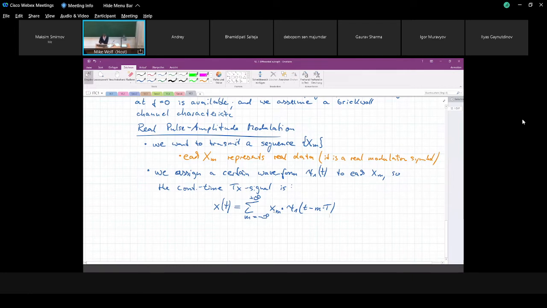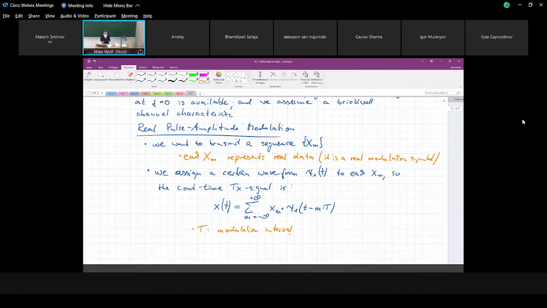Okay, so T is the modulation interval. It's not the rate, but it's the modulation interval. It's basically the interval also of the symbols at the output of the encoder.